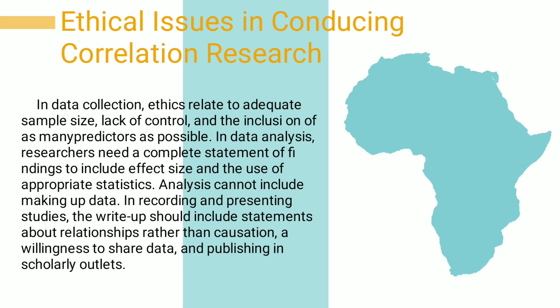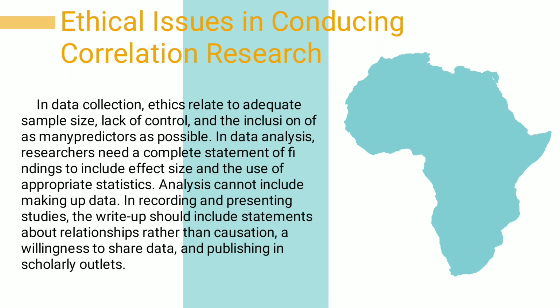Okay, next about the ethical issues in conducting correlation research. In data collection, ethics relate to adequate sample size, lack of control, and the inclusion of as many predictors as possible. In data analysis, researchers need a complete statement of findings to include effect size, and the use of appropriate statistics.